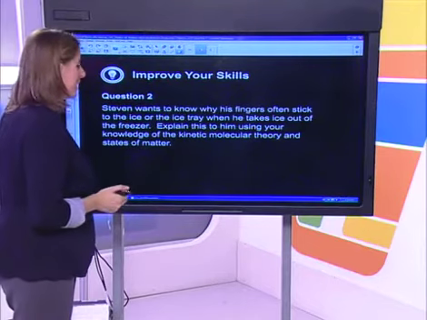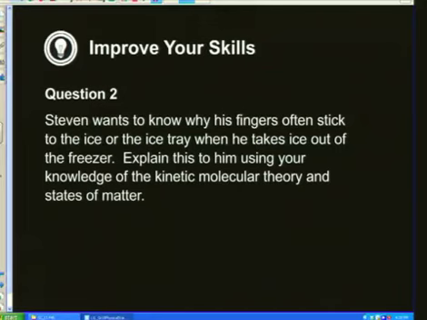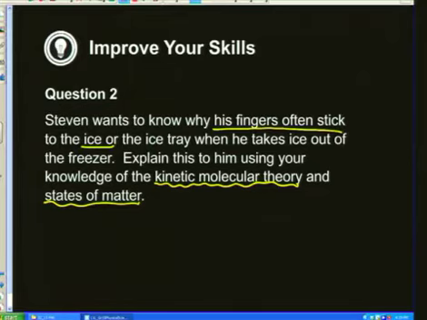Explain this to him using your knowledge of the kinetic molecular theory. So once again, we're wanting to talk about the kinetic molecular theory and the states of matter to explain why his fingers would stick to the ice as he removes it from the freezer.